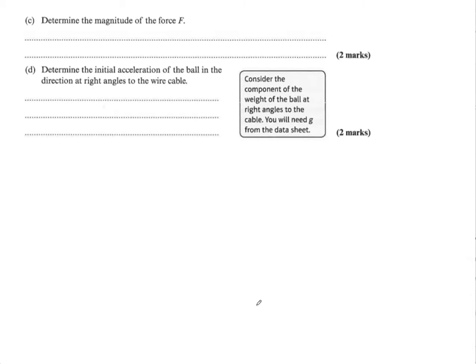Right, determine the magnitude of the force F. We've just worked out that the tension this way is 26.1 kilonewtons, and we know the vertical component is supporting the weight of 20,000 newtons going this way. But the force that is pulling this way must be counteracted by the force pulling this way from the tension, and that of course is going to be T sine theta.